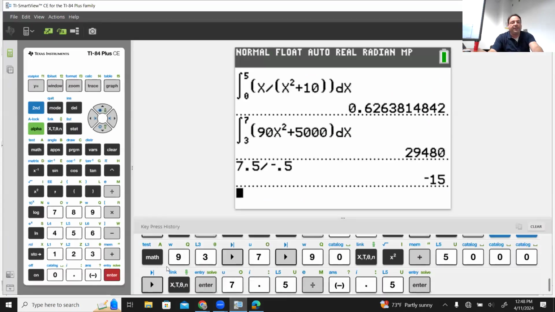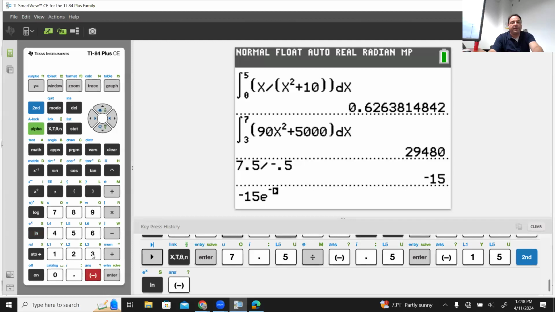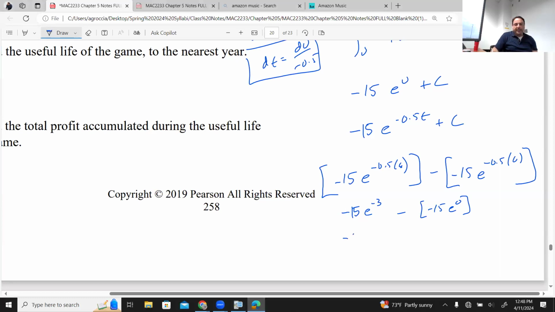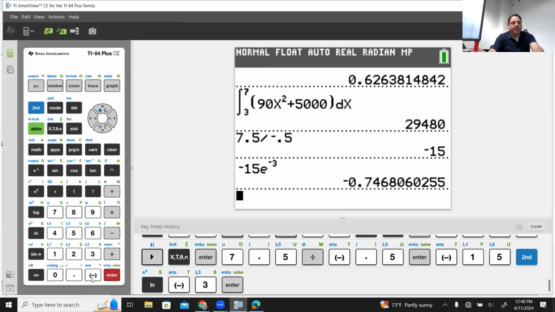So if we add negative 15 e to the negative 3, that would give you negative 0.75, minus negative 15 e to the 0.